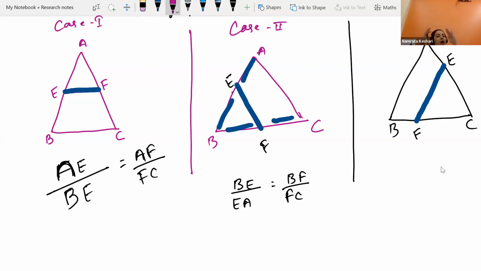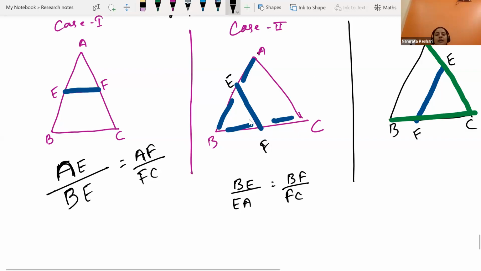If you are having a triangle and in that triangle you are drawing a line which is parallel to one of the sides and intersecting the other two sides, here the other two sides are this one and this one, and the parallel line is intersecting them at E and F. Then these other two sides, the two green sides, are getting divided in equal ratio.